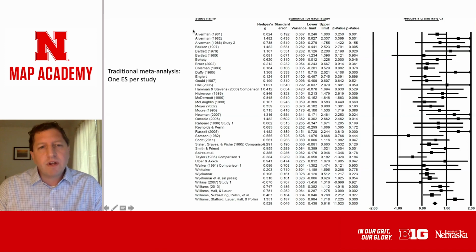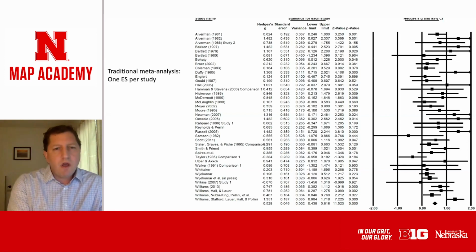One of the things I wanted to point out is here on the left. I'm not sure if you can see my arrow or not, but I'm kind of going around these study names. If you look down the study name list, every study shows up one time. There may be an author that has more than one paper, like Alverman 1981 and Alverman 1982, and those are different studies. But each study has only a single effect size represented.